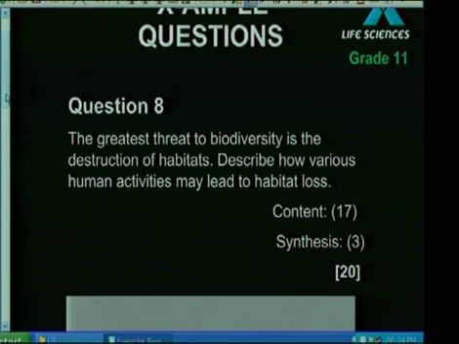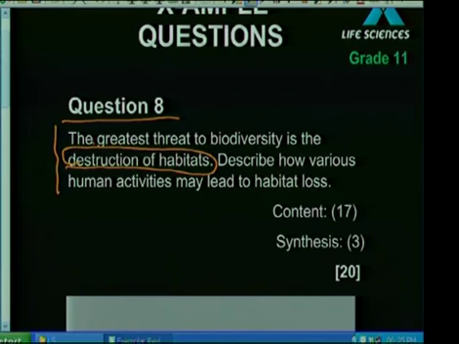Good. That brings us to question 8 in this series, and question 8 deals with the essay question. Again, in terms of the essay question, you need to read carefully. Let's read this one. It says, the greatest threat to biodiversity is the destruction of habitats.